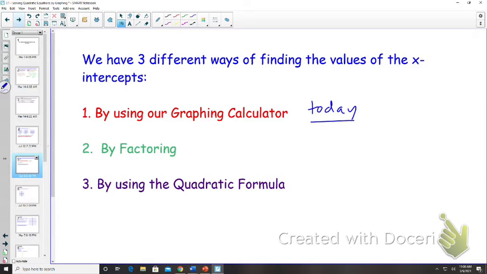Did any of those terms ring a bell for you guys? Yeah? Good. So again, the values of the x-intercepts, so roots or zeros.